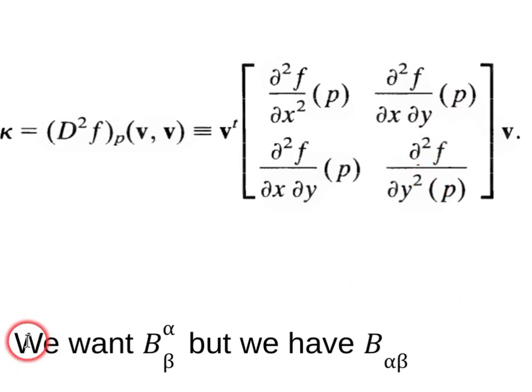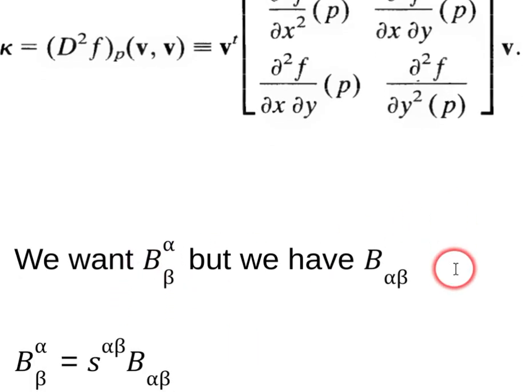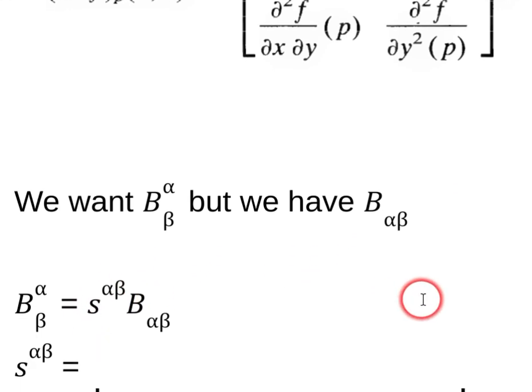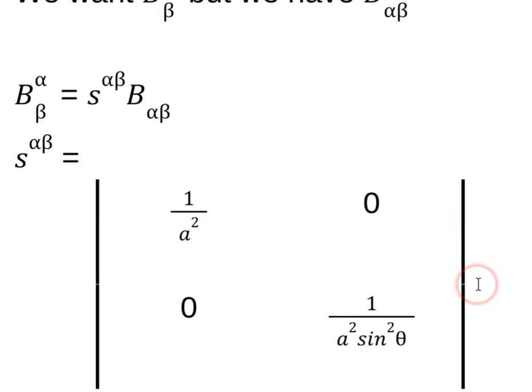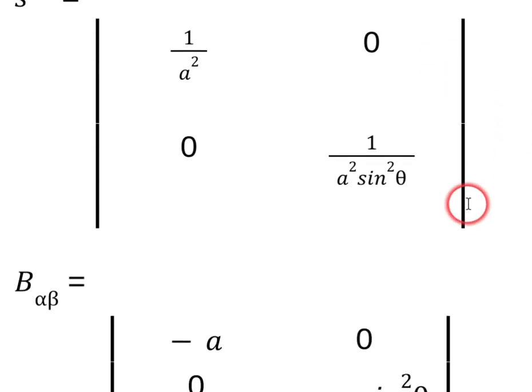We want this, but we already found this. So we're just going to take this and raise that index again by multiplying it times the contravariant surface metric tensor. And here is that metric tensor. We found this back in like video number 2, and we found this in the video before this one.